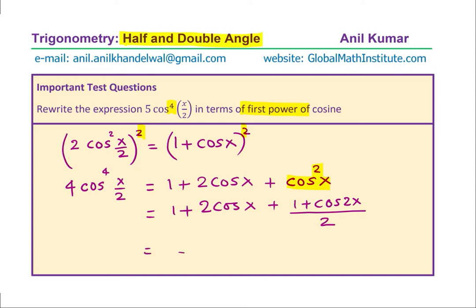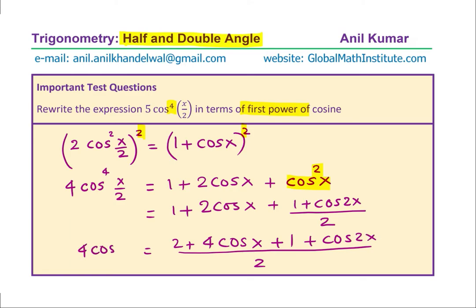So taking 2 as the common denominator, we have 2 plus 4 cos x plus 1 plus cos 2x equals 4 times cos to the power of 4 x by 2, correct? But strictly speaking, you really need 5 times cos to the power of 4 x by 2 and not 4 times, right? Anyway, we'll get to that also.